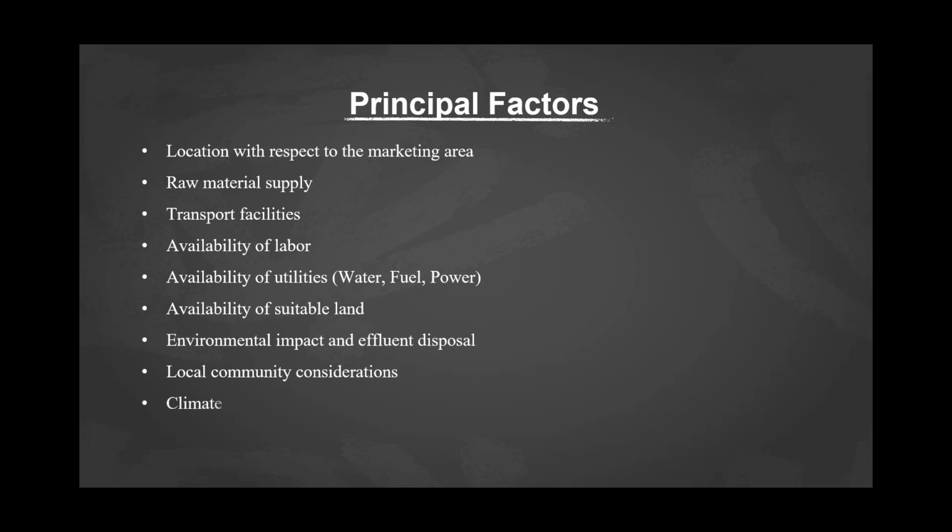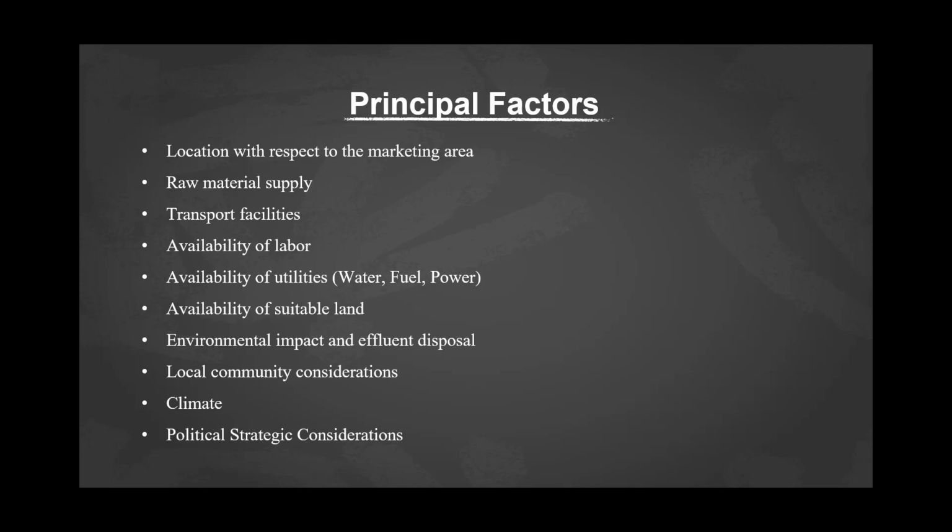Then we have climate. Adverse climate conditions at site will increase cost. Like abnormally low temperatures will require the provision of additional insulations and special heating for equipment and piping. Then we have political strategic consideration.